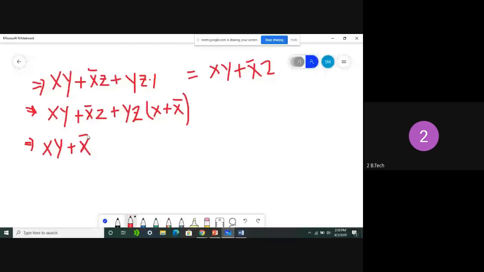After multiplying, what do we have? XYZ will be the third term. What is the fourth term? Fourth term will be X bar YZ.